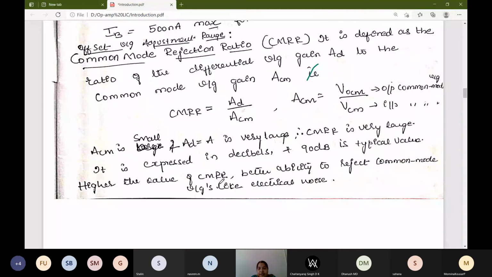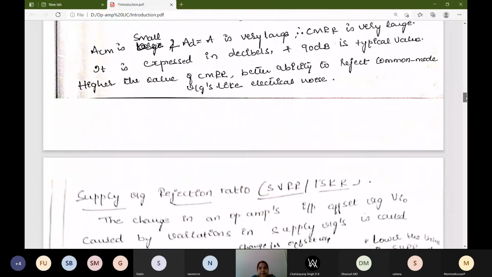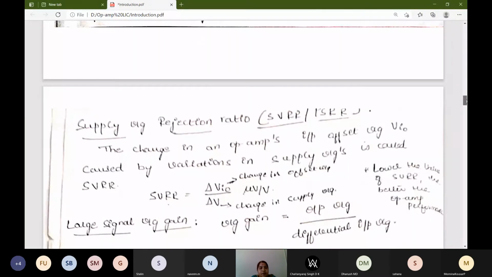The higher the CMRR, the better the op-amp is at rejecting common signals, so its ability to reject common mode voltages like electrical noise will be very good. So it should have a very good CMRR. CMRR is the common mode rejection ratio.